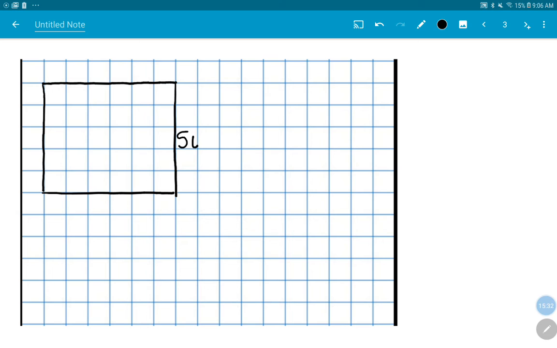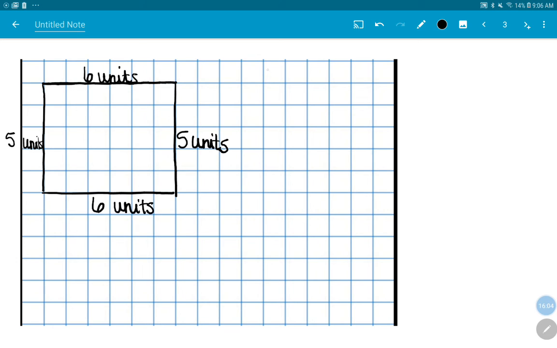My width is 5 units. So if this side is 5 units, then I know that the opposite side is going to be 5 units as well. My length is 6 units. So I know that the opposite is going to be 6 units as well.